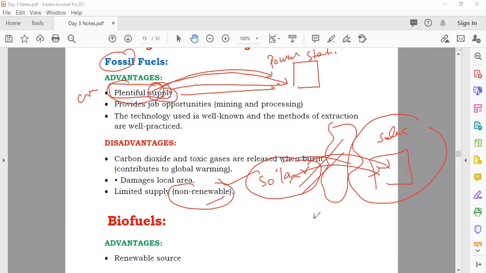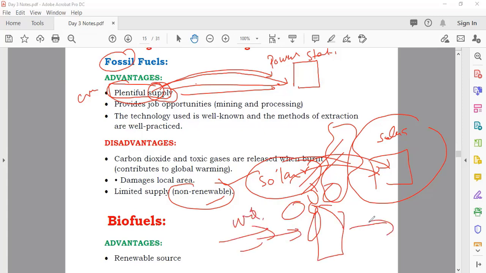If you have windmills and there is no wind, you cannot produce electricity. No supply. Supply means something is not available. You have every setup, but it depends on wind. If no wind, you cannot produce electricity. But with fossil fuels, you can take them from the ground and use them anytime. Their supply is not limited. I'm talking about this one.